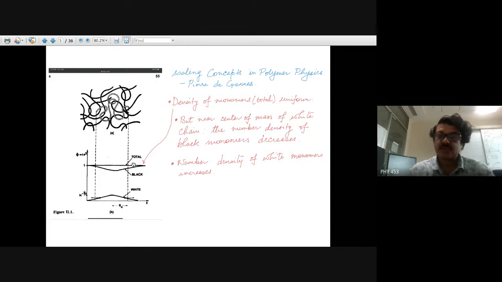So this is the total. The total monomer density is uniform over the entire system in a melt, but within that you do see a higher concentration of, say, white monomers here and a lower concentration of black monomers, the labeled chain's monomers, right? So that's the message here. That is what I have written here.